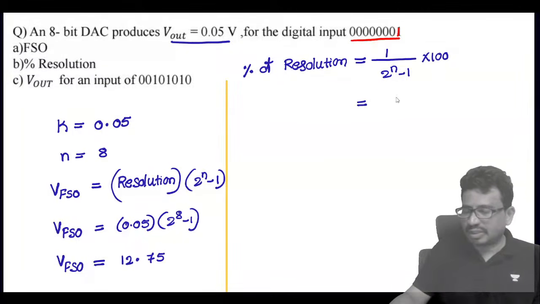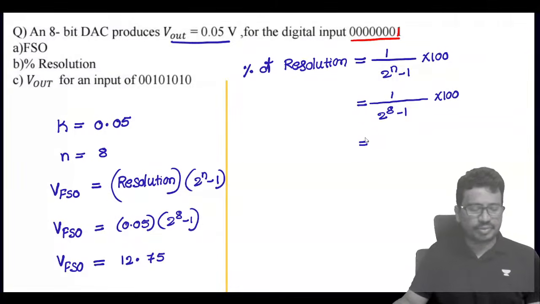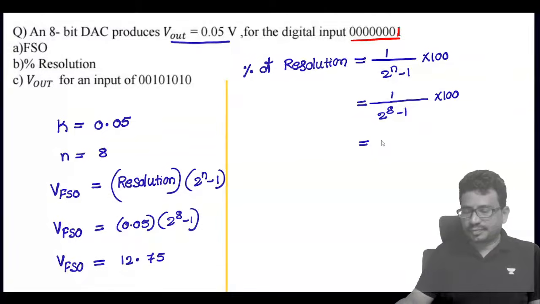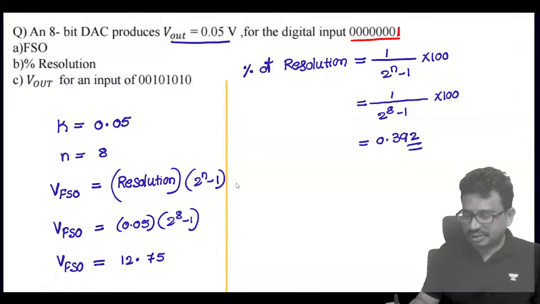So that is 1 by 2 power 8 minus 1, into 100. Simplify, and it will come to 0.392. I think you can do the calculations.